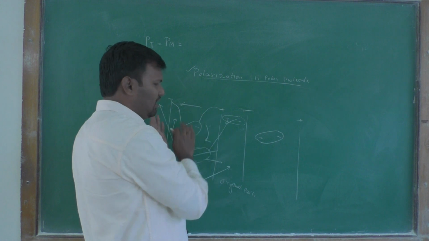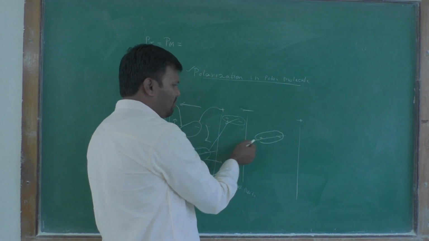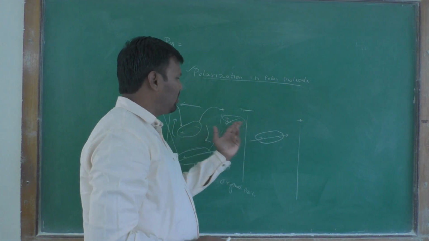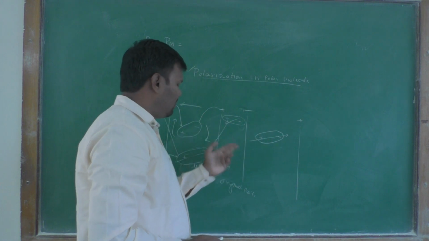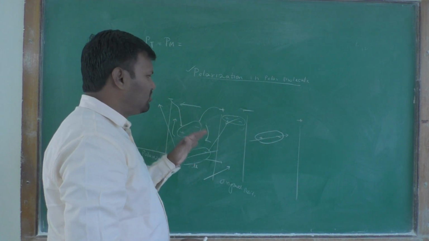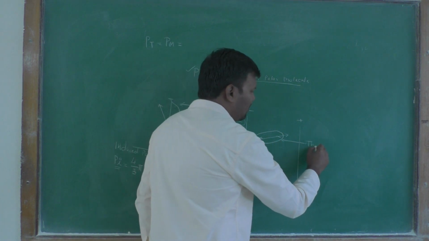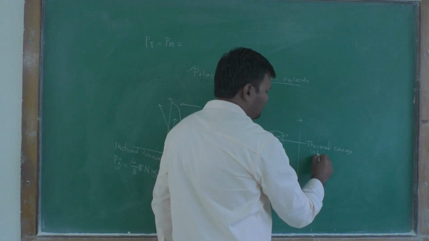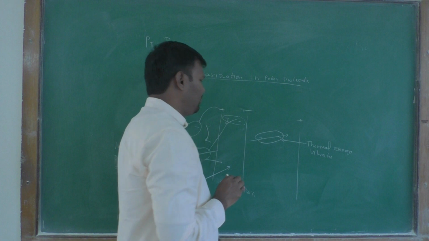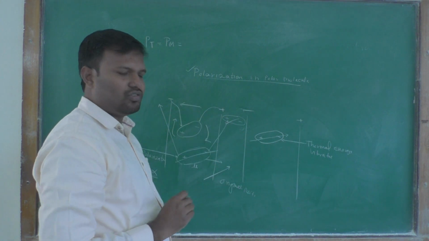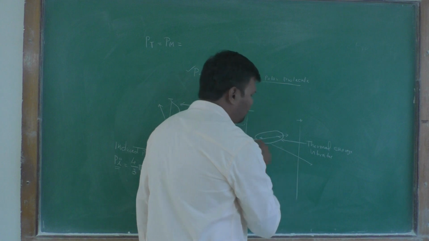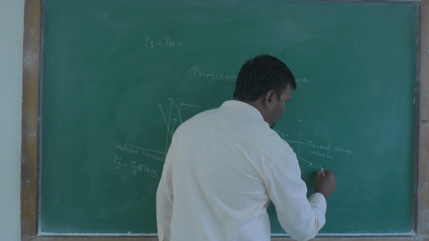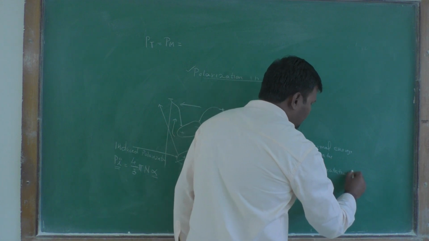After the electric field applies the torque, the molecule turns slightly, but it does not turn totally, and does not take the position horizontal to the direction of the electric field. It remains in between because it has thermal energy. Due to this temperature energy it vibrates, and that is why it does not take the position totally along the direction of the electric field. Therefore the polarization due to the orientation of the polar molecule is called orientation polarization.